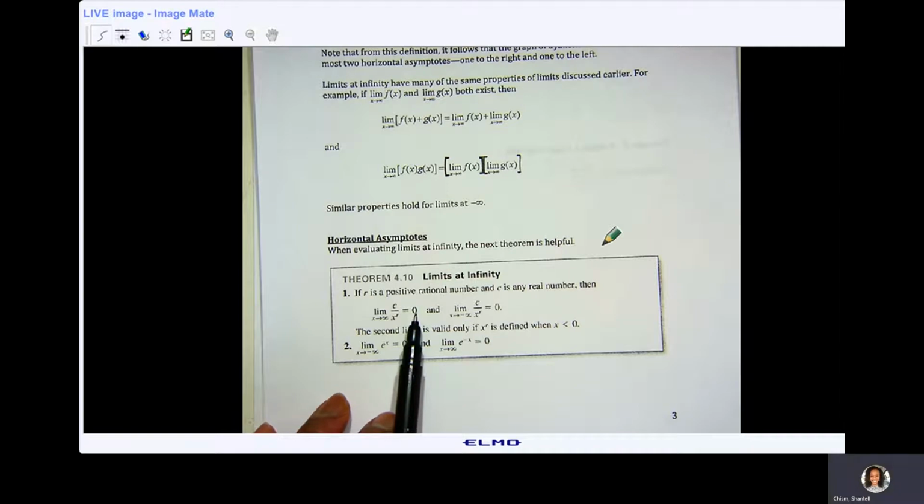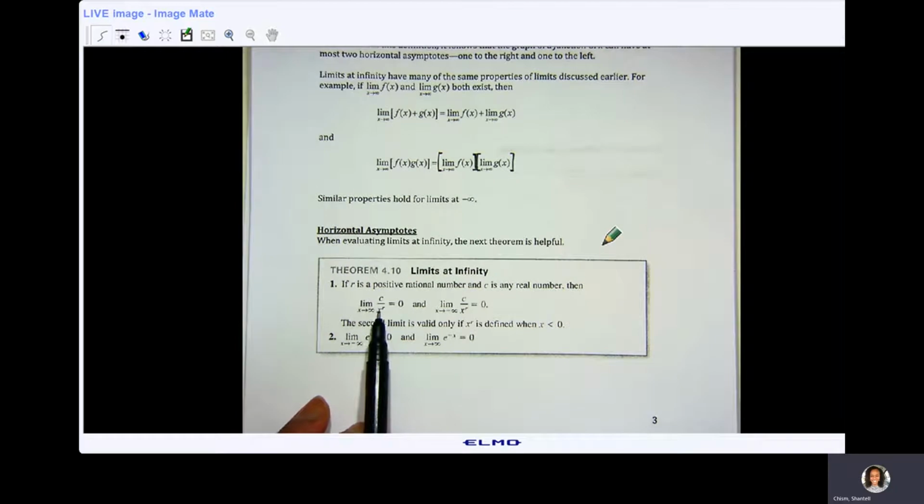So basically, if you've got some constant and you are dividing it by some big number, because x to the r power represents a number that is significantly bigger than c, then that limit value will equal 0.